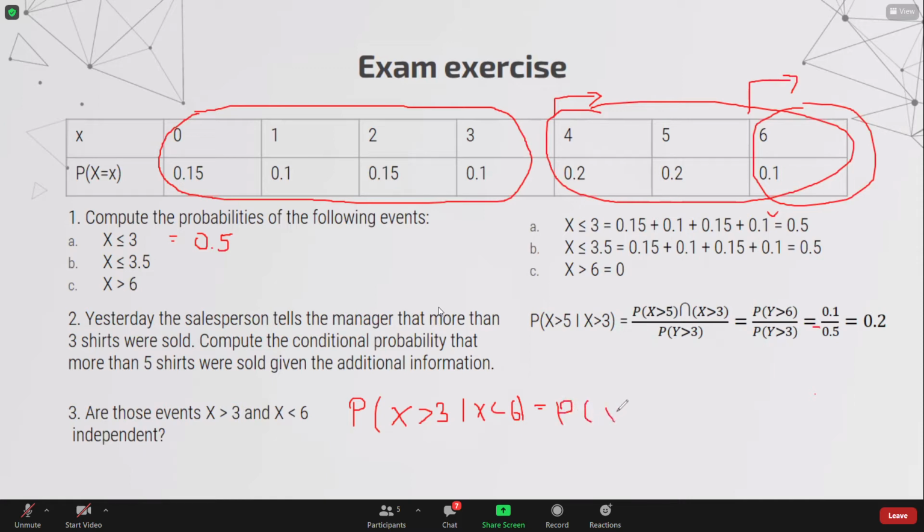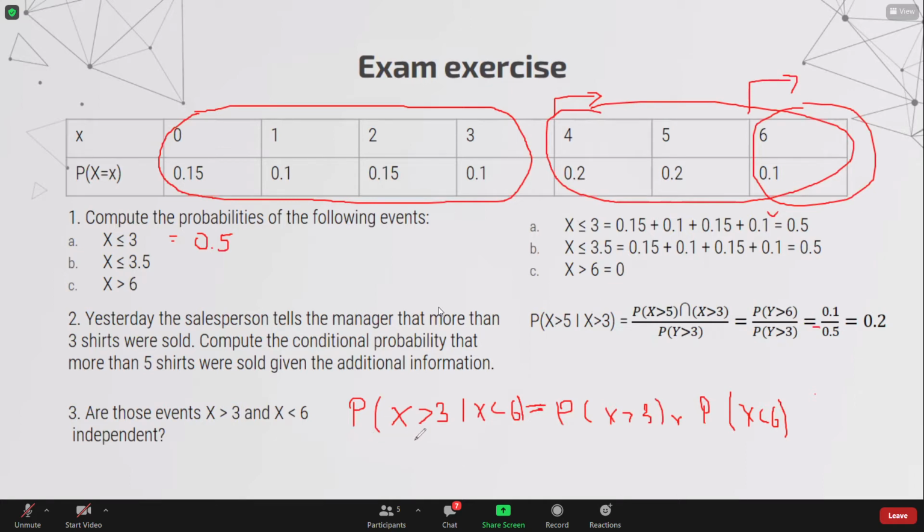So just to write it, times the probability of X less than 6. If that condition is okay, it means we can just put the equal sign. It means they're independent. And we just have to double check with the table those probabilities.